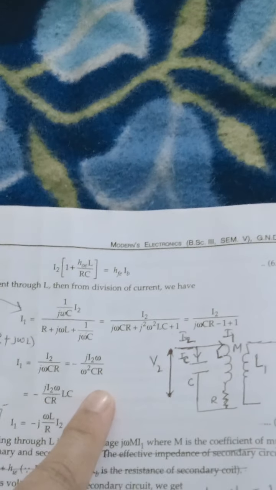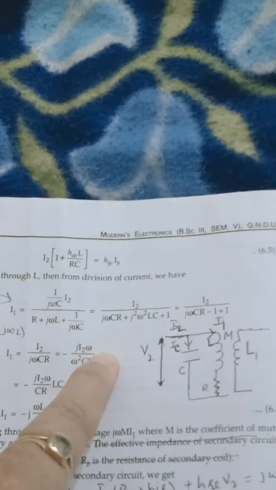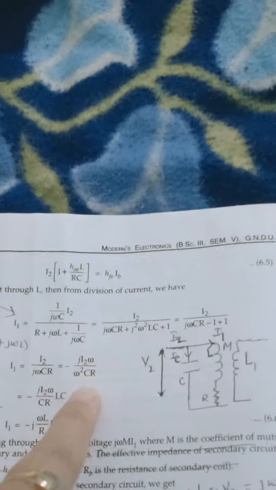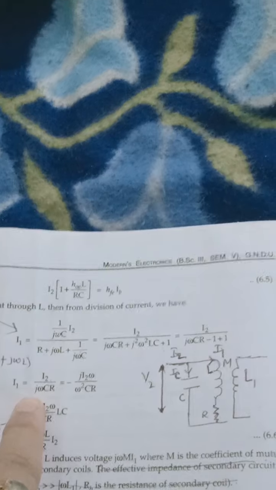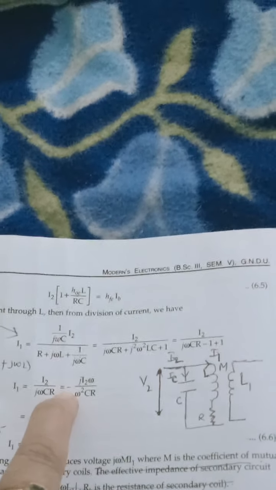And in the further step we multiply and divide this full term by omega. So in the numerator we get omega term, in the denominator we get omega square term. Moreover, this iota is moved from denominator to numerator by putting a negative sign over here.